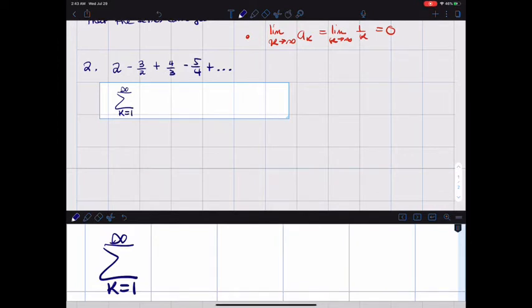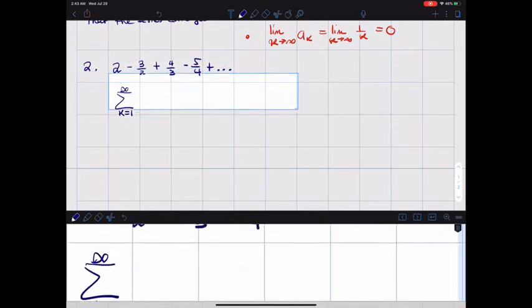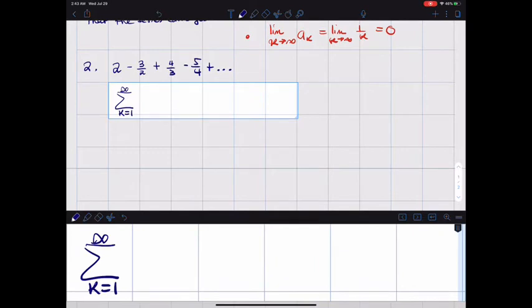So assuming we're adding 2 and 3 over 2 and 4 over 3 and so forth, it's like you're adding 1 to the numerator and denominator.